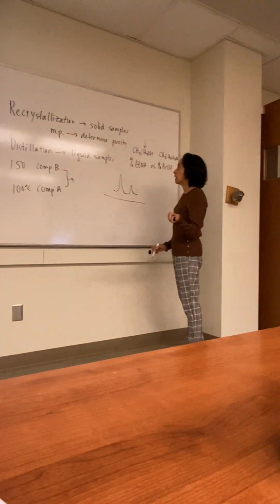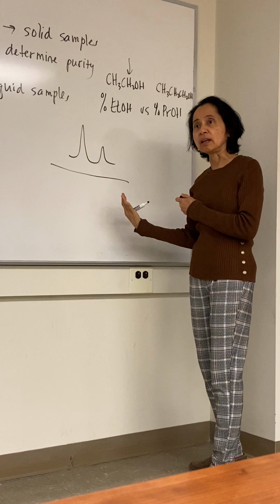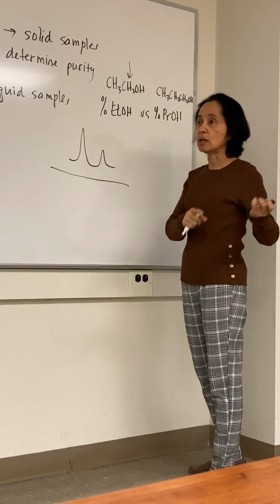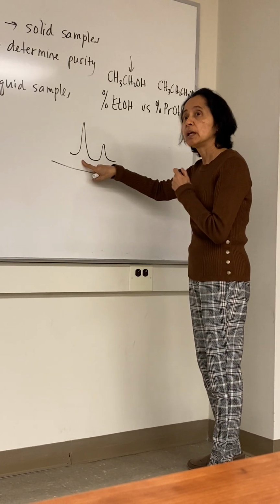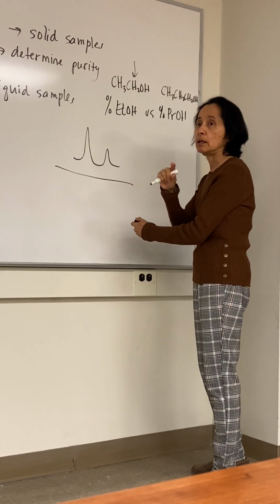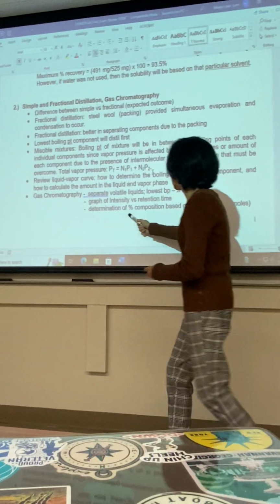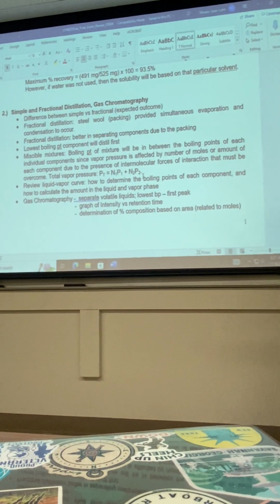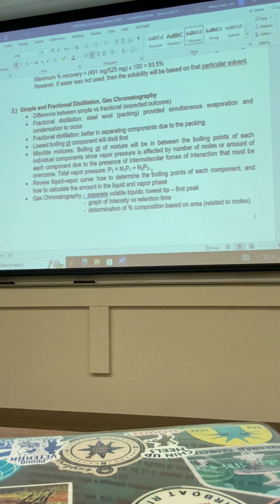If I now use pentane and hexane, pentane is 5 carbons, so it's going to come out first, and then hexane next. It's not going to invert, okay? So that's the determination of percent composition. That's how you're going to review.